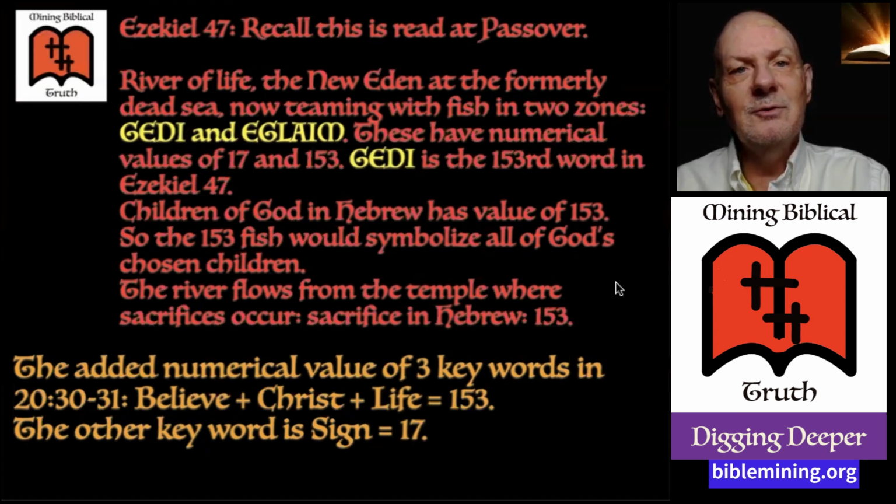And then if you add the numerical value of three key words in John 20, 30 through 31, which are believe, Christ, and life, you also get 153. And the other key word in that passage is sign, which has the value of 17.